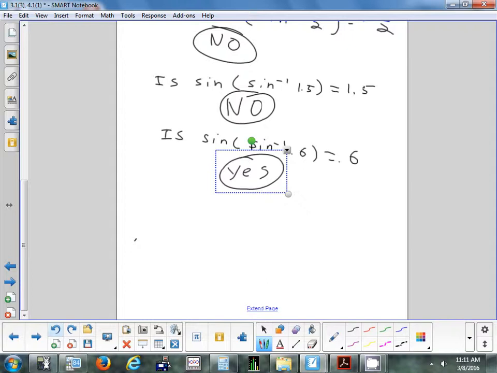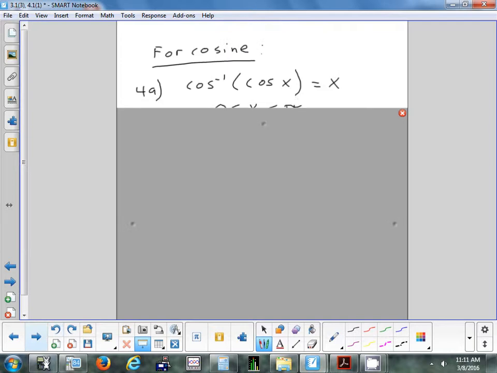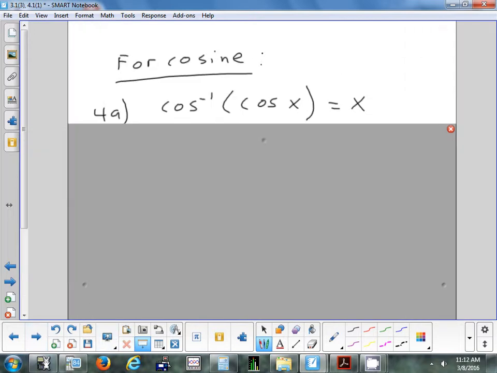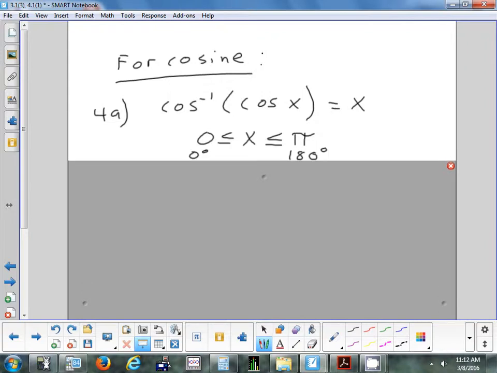Any question on the formulas for sine? Right, let's look at the ones for cosine. If we can remember what we learned yesterday about inverse cosine, what was inverse cosine always between? What two angles? Not negative 90 to 90, but 0 to 180.